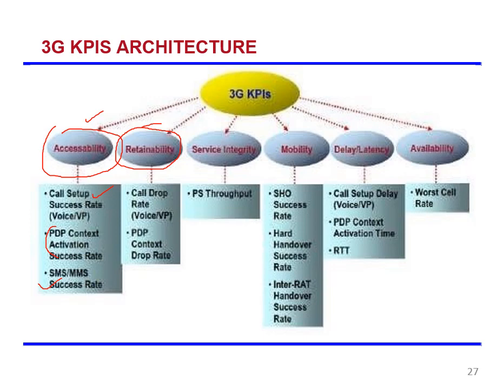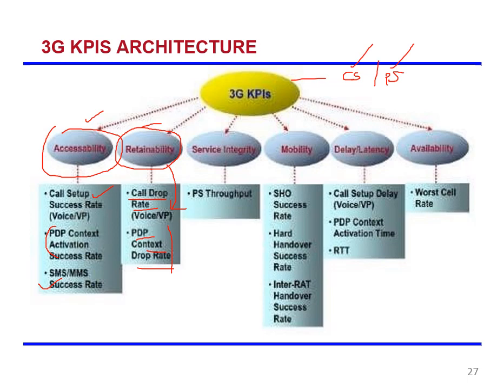Retainability is addressed by what KPIs? Call drop rate and PDP context drop rate. Call drop rate refers to the voice call, PDP context drop rate refers to the data session. Since 3G supports both CS, circuit switching, and packet switching, call drop talks about circuit switch, and packet switch talks about PDP context.